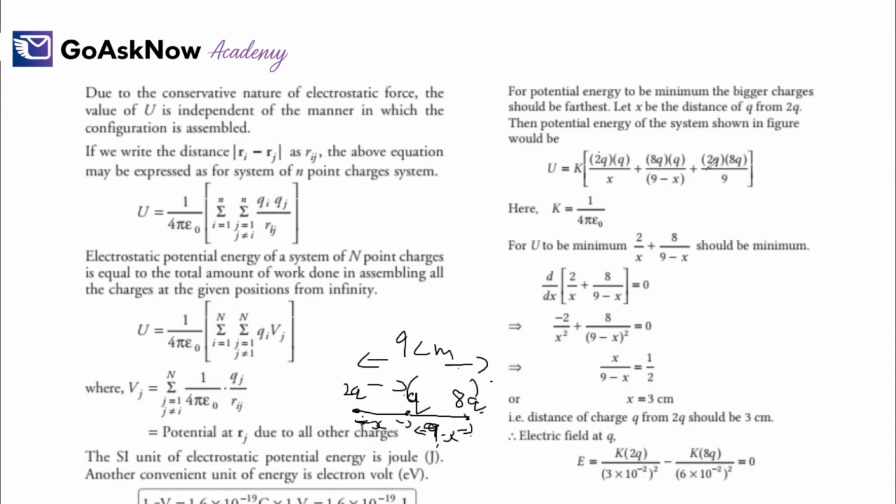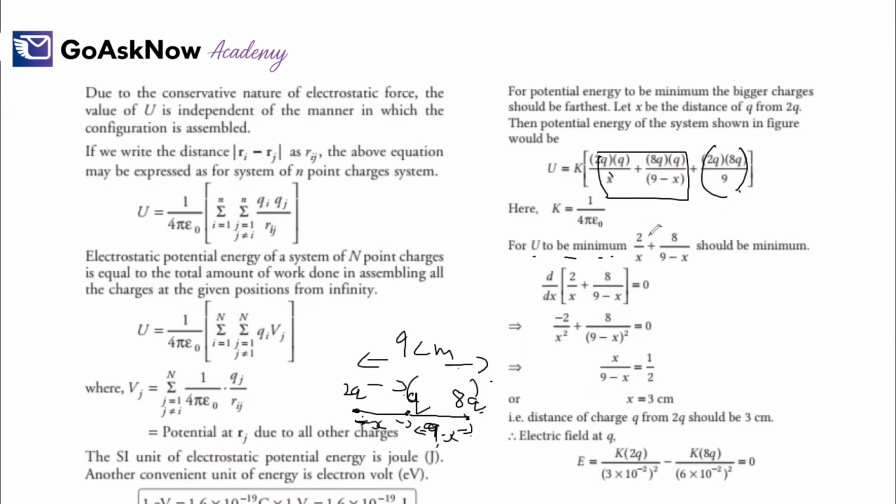After doing the calculation, for U to be minimum, 2 by x plus 8 by 9 minus x should be minimum. Why is it so? Because the other term is your constant term, so you will get your variables from these two terms only.